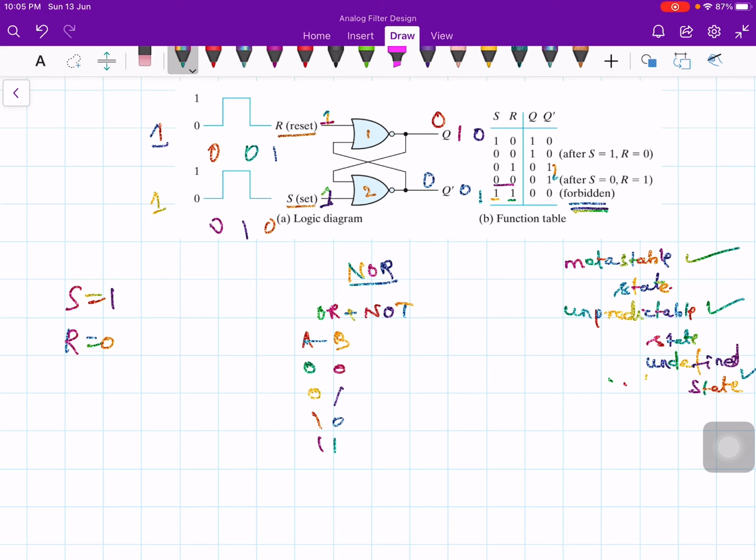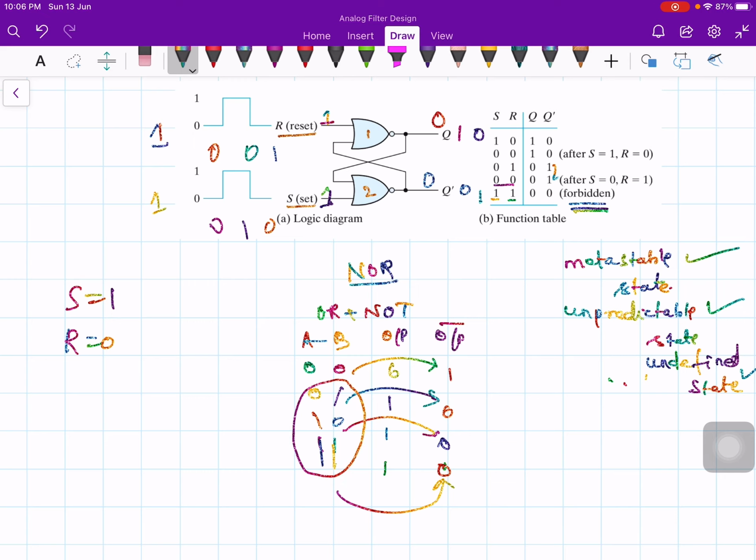The OR output is 0, 1, 1, 1. If you take the complement of this, it is 1, 0, 0, 0. That means if any one input is 1, the output is 0. For 1 1 the output is 0, 1 0 the output is 0, 0 1 the output is 0, 0 0 the output is 1. So from this truth table of the NOR gate, if any one input is 1, the output is 0.